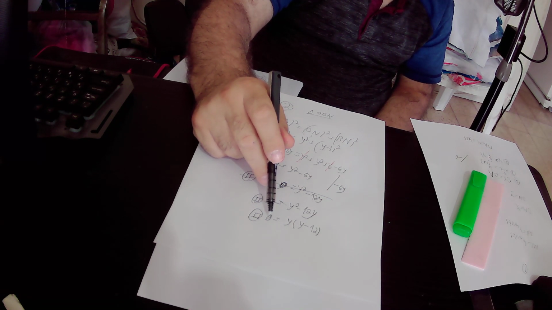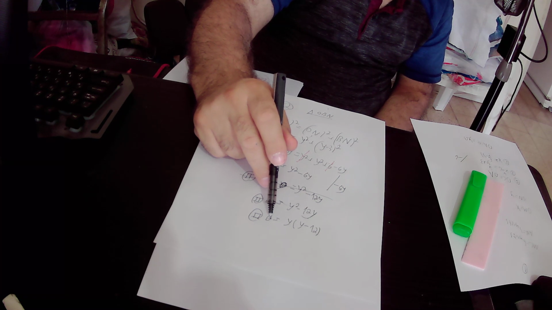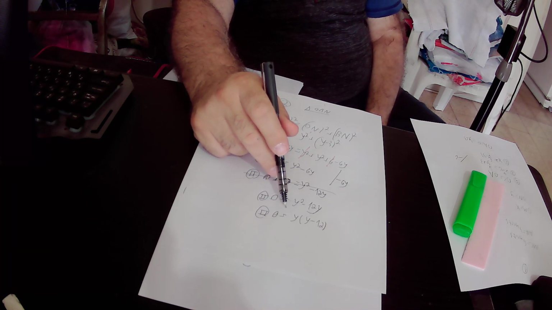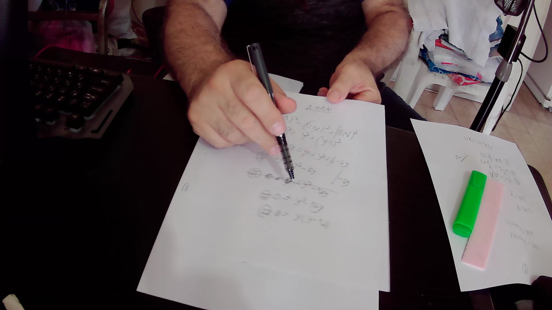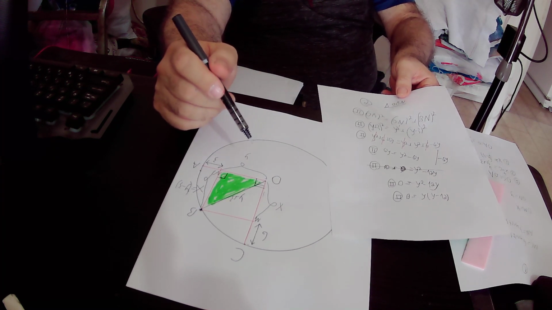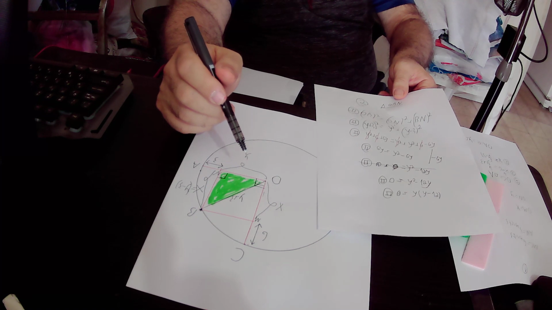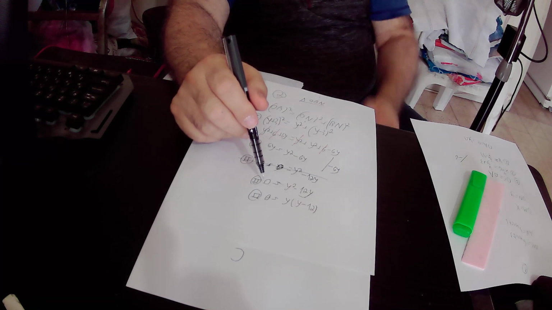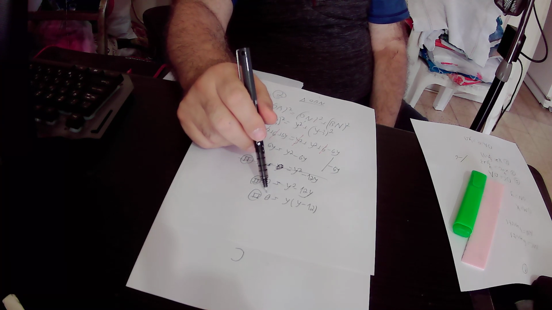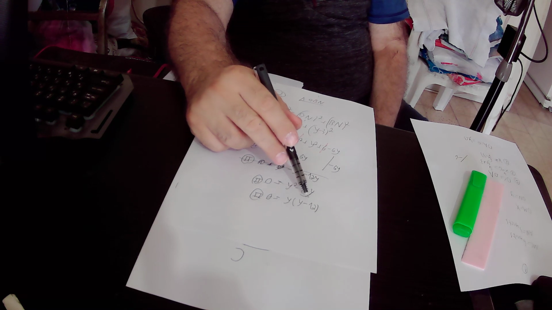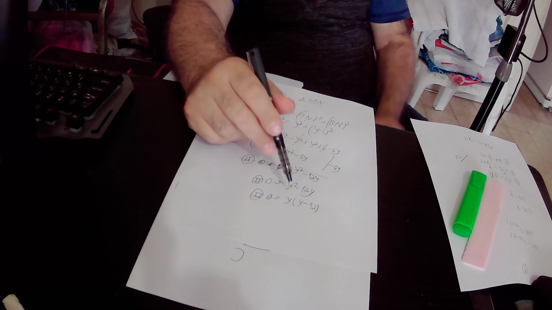It is impossible that y is 0, because then we don't have a circle at all, or the square does not exist. So it is impossible that y equals 0, so the other solution is y minus 12 equals 0.